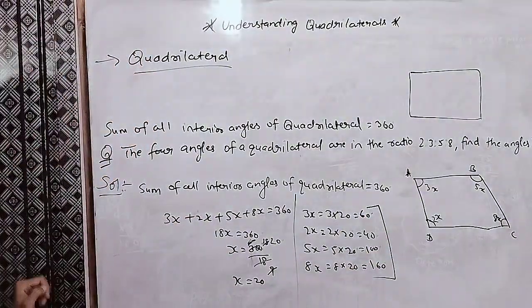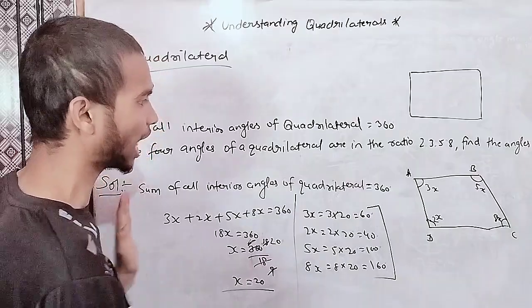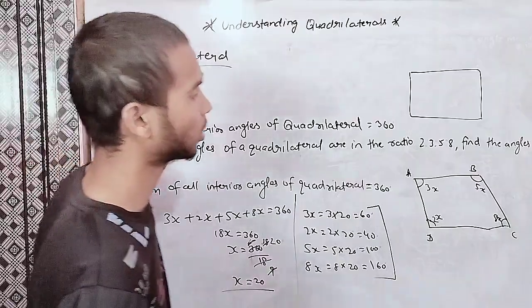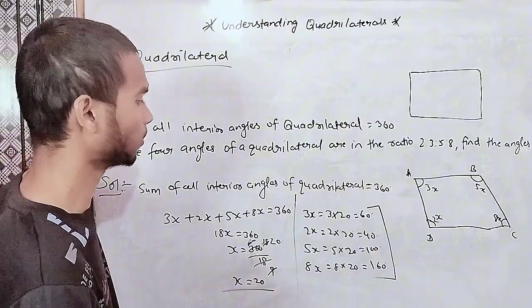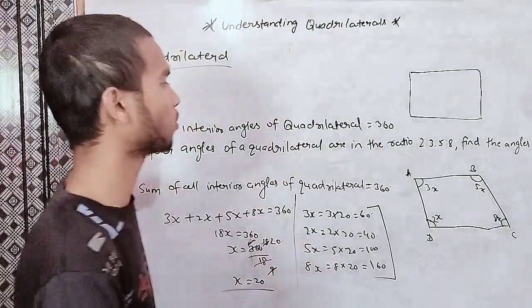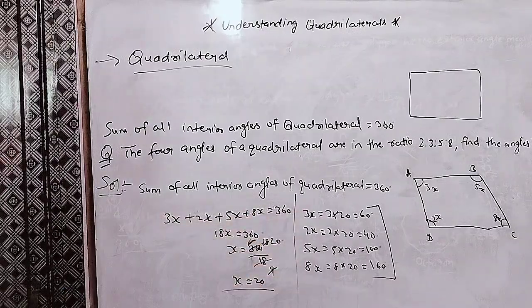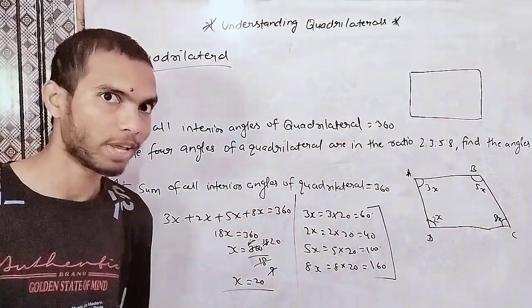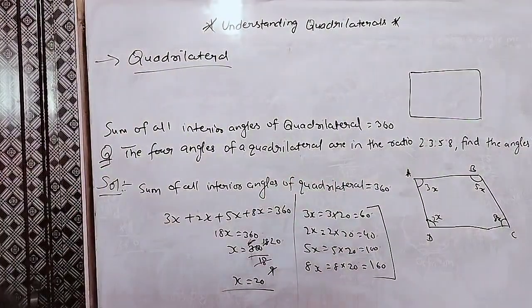So here we found the value of x, then we multiply it with the given ratio values, and then we get the exact value of all angles of this quadrilateral. This is how we solve such questions. Now let's take another question.